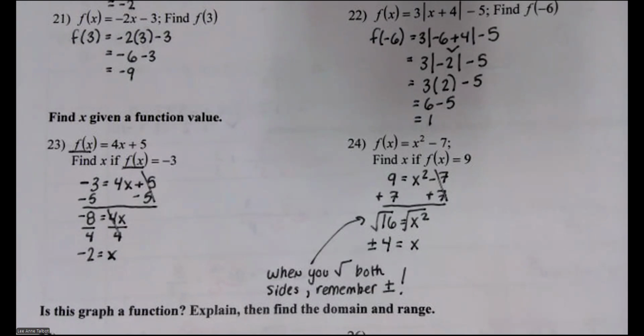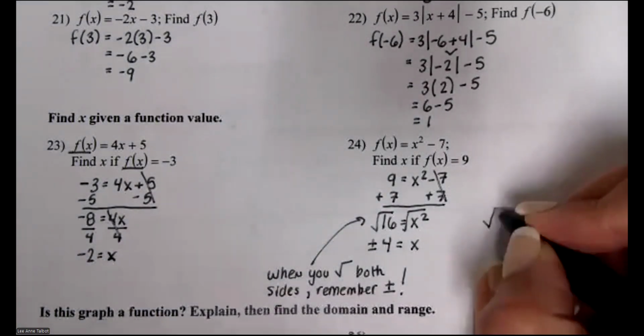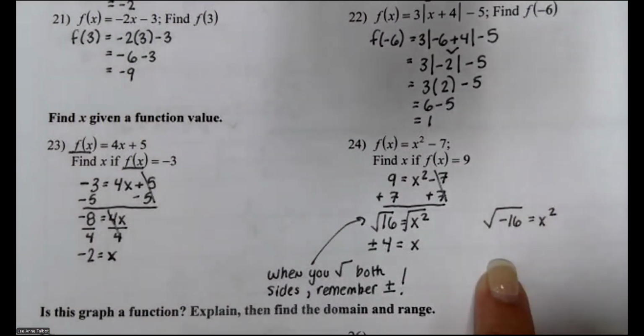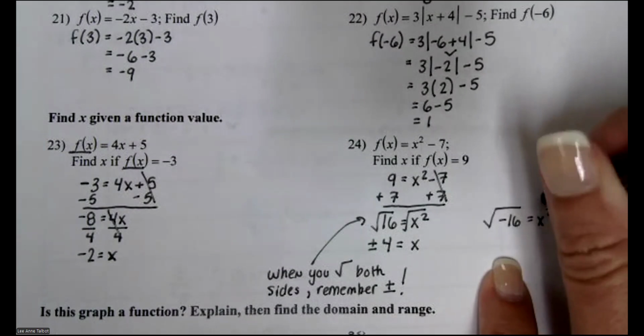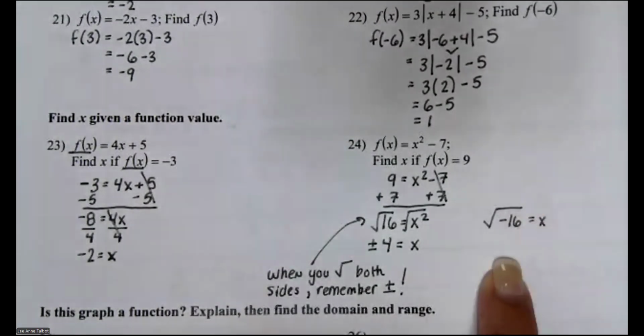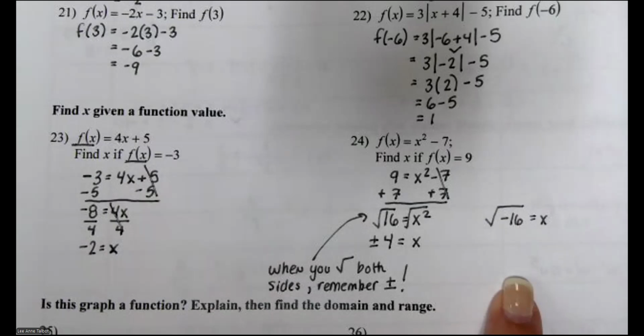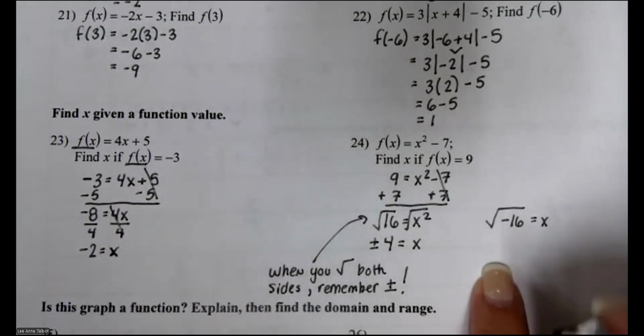Okay, now what would happen? I'm going to erase this, don't write it, but what would happen if you have this? Can you do this? Not possible. So you'd write not possible. You can't square root a negative.